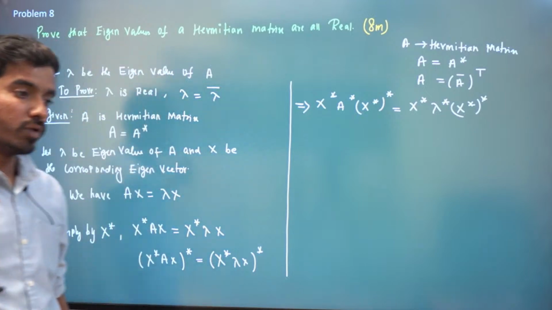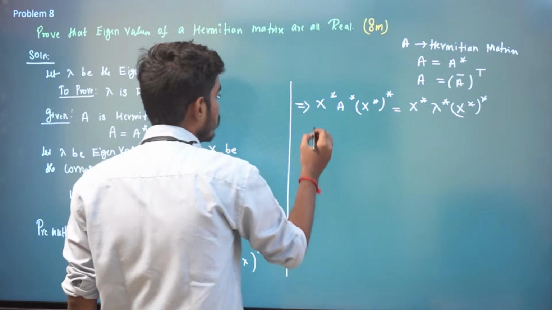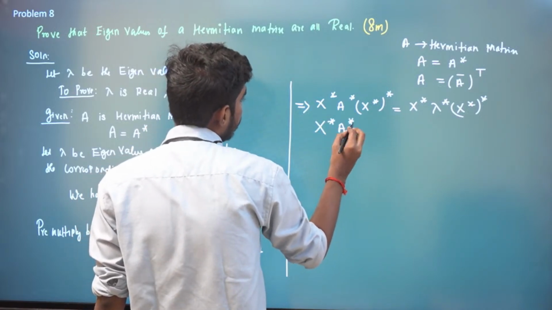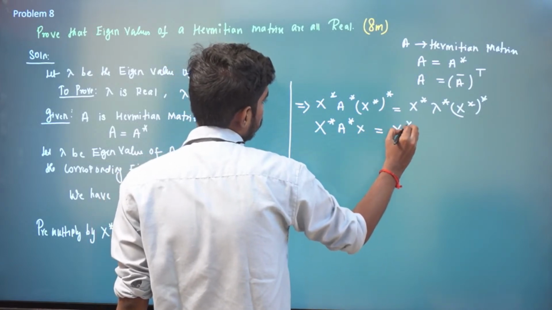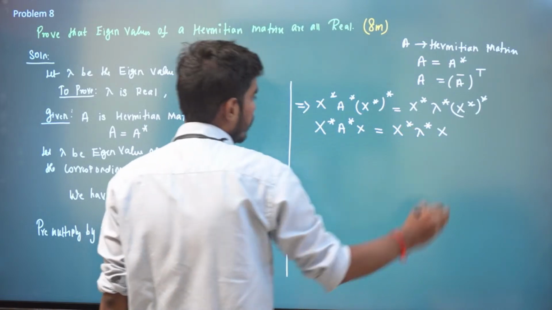A transpose transpose is A. So we have x star A star x, and here we have x star lambda star x.